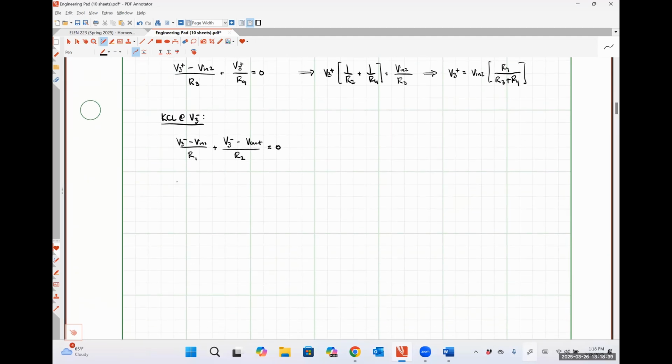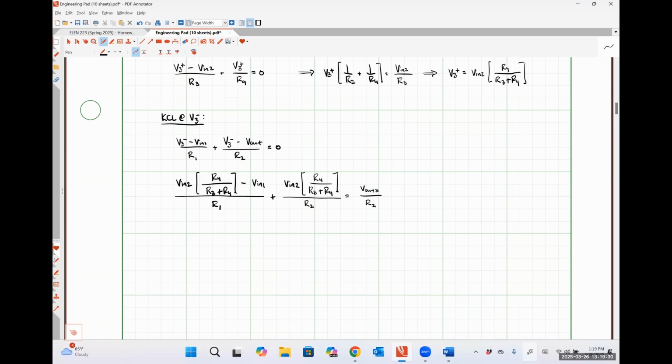So that's going to look like Vn2 multiplied by R4 over R3 plus R4 minus Vn1, all divided by R1, plus Vn2 multiplied by R4 over R3 plus R4 all over R2 is equal to V out over R2.